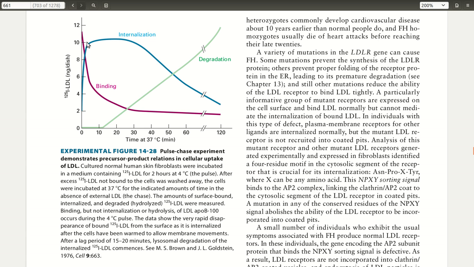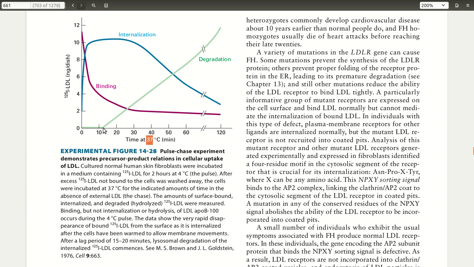And so from that experiment, where they incubated the cells at 4 degrees Celsius and exposed them to the LDL solution until all the receptors on the cell membrane were bound to LDL, this shows the populations of the different LDL after raising the temperature to 37 degrees Celsius. Initially all the LDL were in the bound state, but very shortly after the temperature is raised, most of the LDL is internalized.